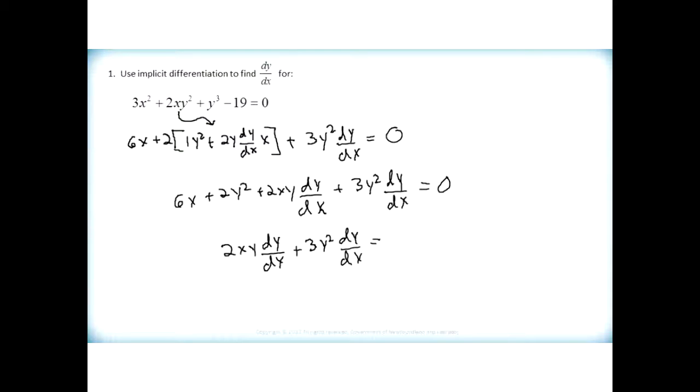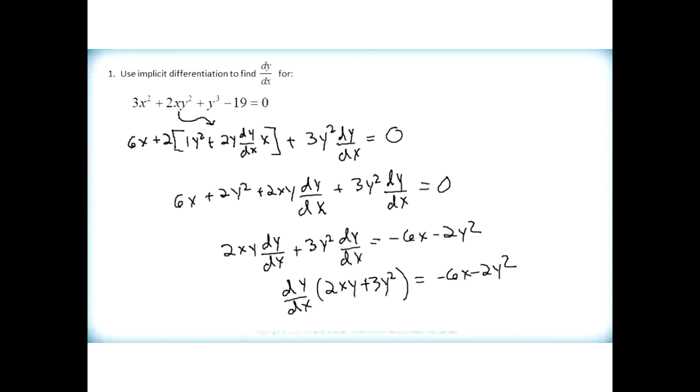And on the other side we'll have a negative 6x and a minus 2y squared. So factoring out here, we have dy by dx times 2xy plus 3y squared equals negative 6x minus 2y squared.